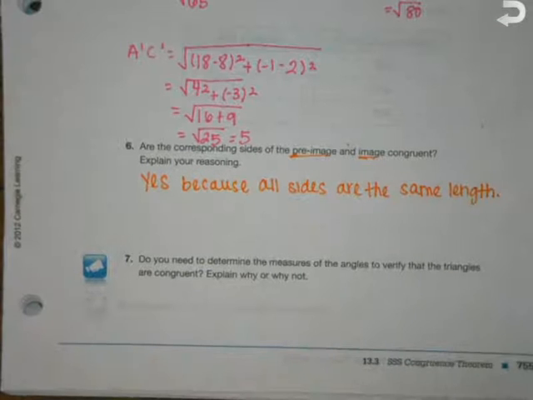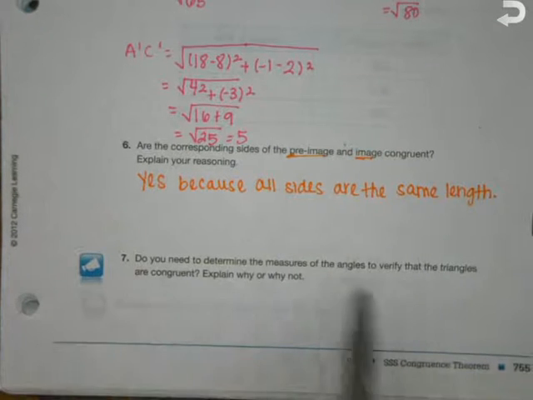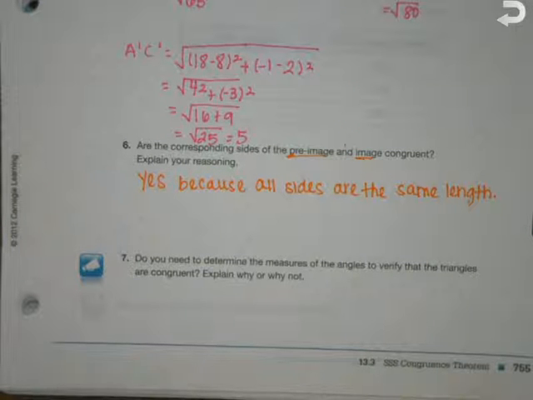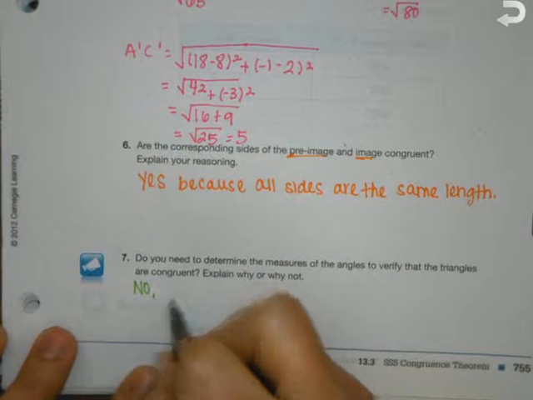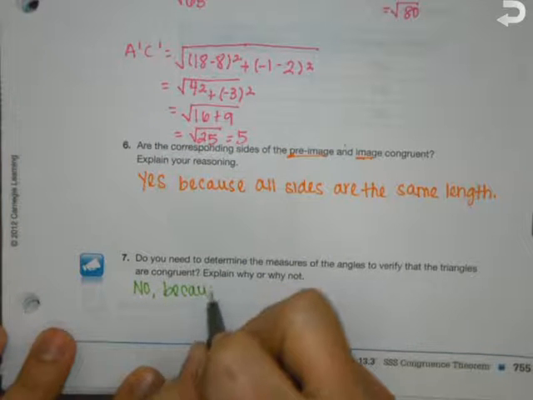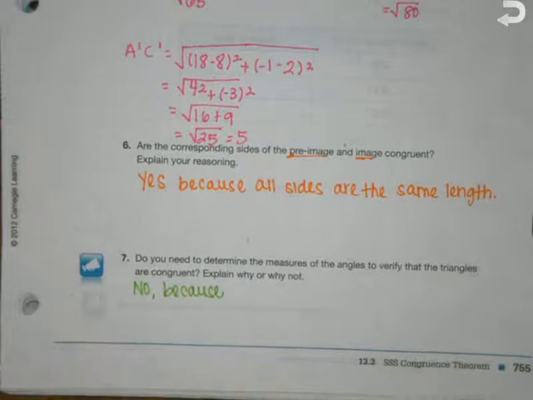So my last question to you is, do we need to know what the measures of the angles are in order to determine if the triangles are congruent? No. Why? Exactly. No. Because if the sides are the same, then the angles are the same, and we can use the side, side, side congruence theorem.